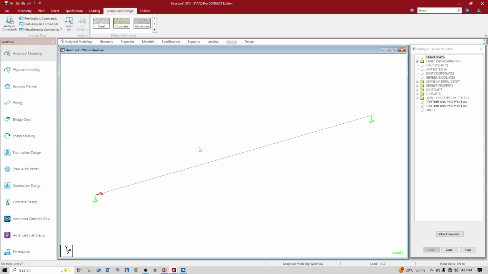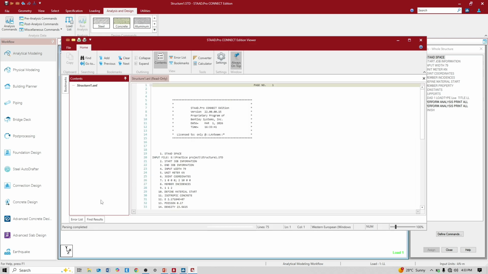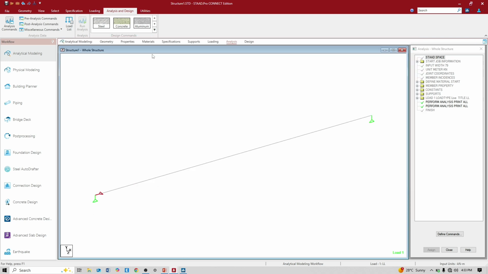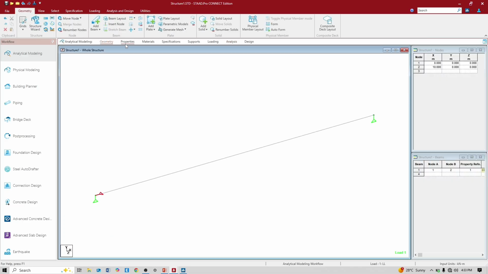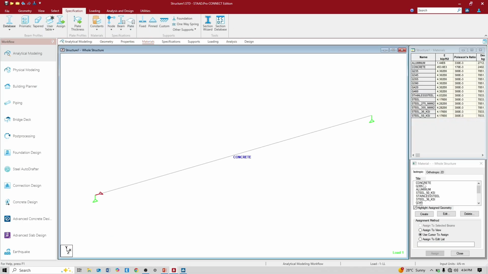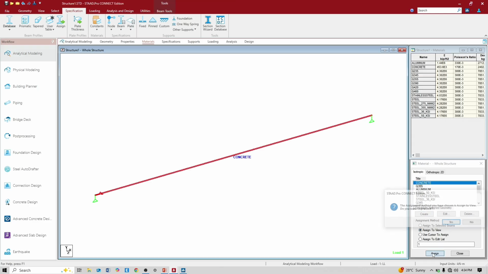Something is error. Error: elastic modulus not entered for member. So let's assign concrete. Assign to view. Assign yes.